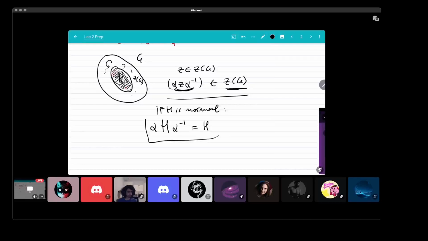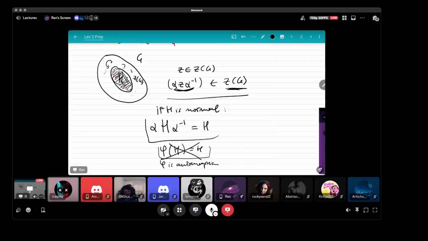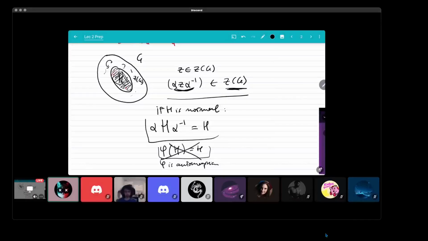This does not in general work for any normal subgroup and automorphism. The subgroups for which this property holds for any automorphism are called characteristic subgroups, if I'm not wrong, but I don't think that's too relevant for now.